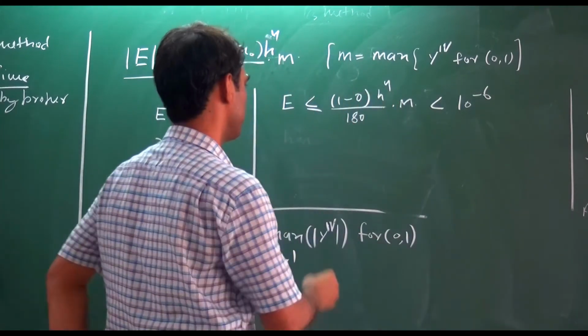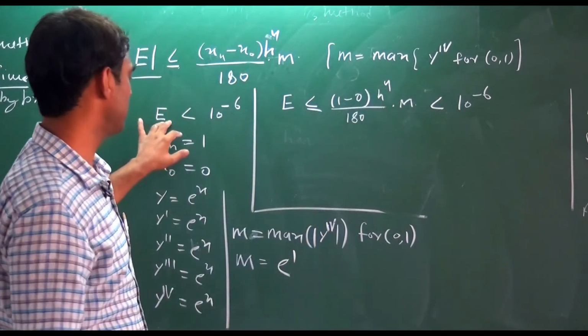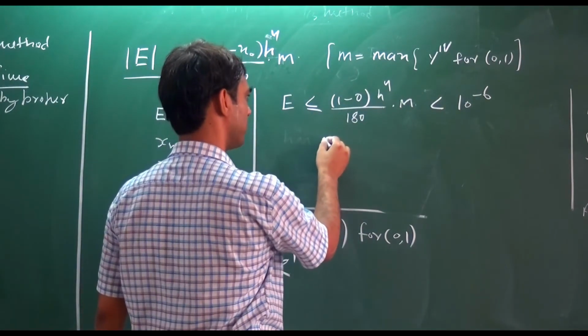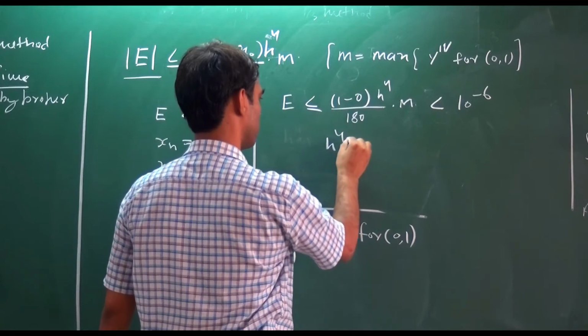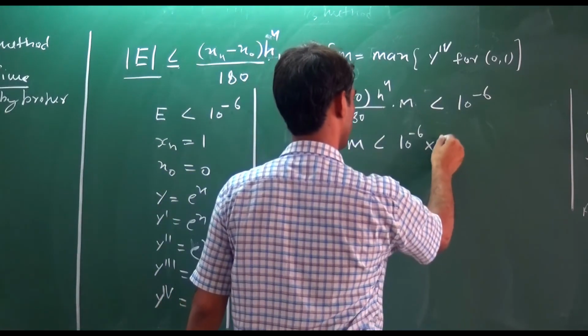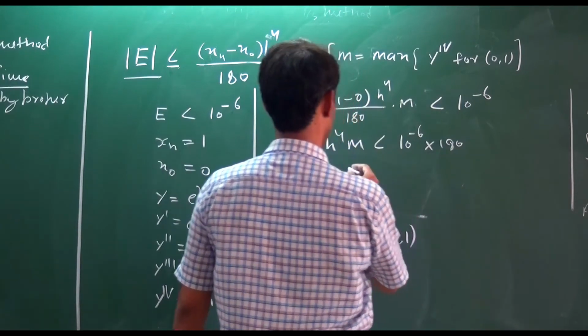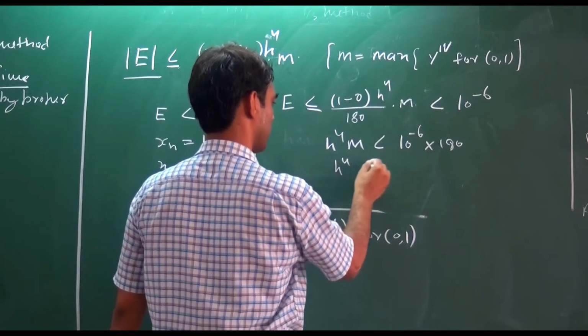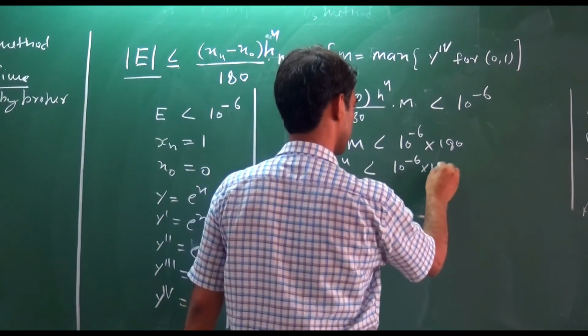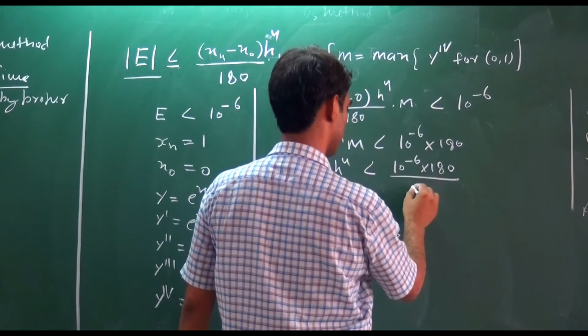Now if we simplify, because the value of E is less than 10 to power minus 6, h to power 4 m is less than 10 to power minus 6 into 180, and then h to power 4 is less than 10 to power minus 6 into 180 divided by m. And what is the value of m?